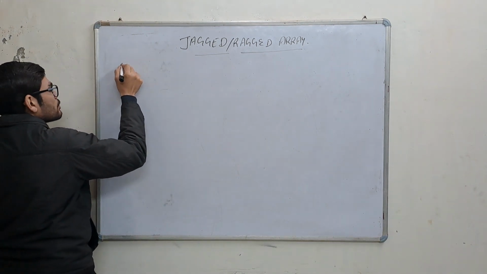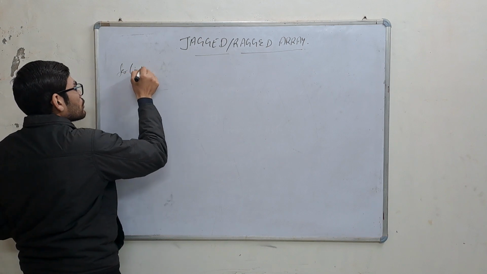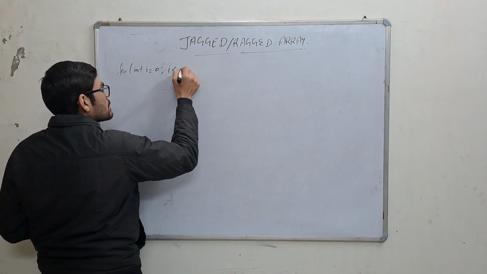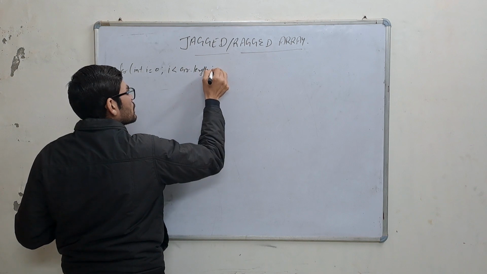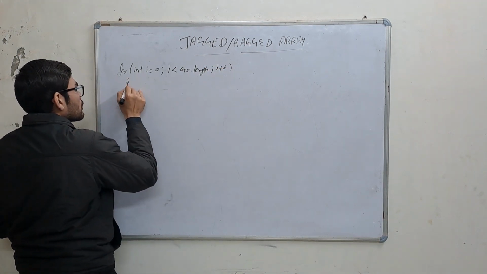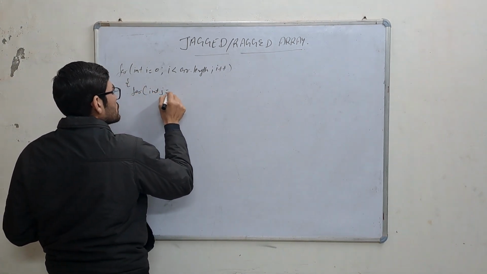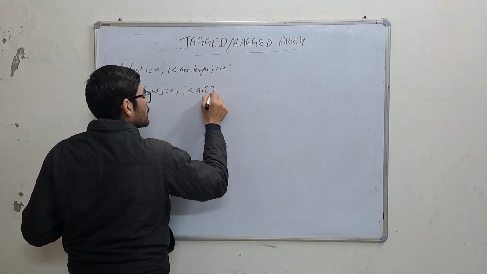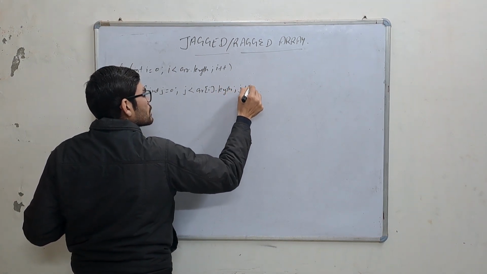To print the elements, I am writing another loop: for int i equals 0, i is less than AR dot length, i plus plus, for int j equals 0, j is less than AR[i] dot length, j plus plus.